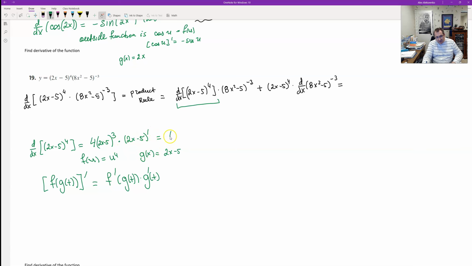Let's do it again. So 4 multiplied by 2x minus 5 raised to degree 3. That's the result. That's the f prime evaluated on g. And the derivative of 2x minus 5 is 2. So the first term simplifies to 8 multiplied by 2x minus 5 cubed.